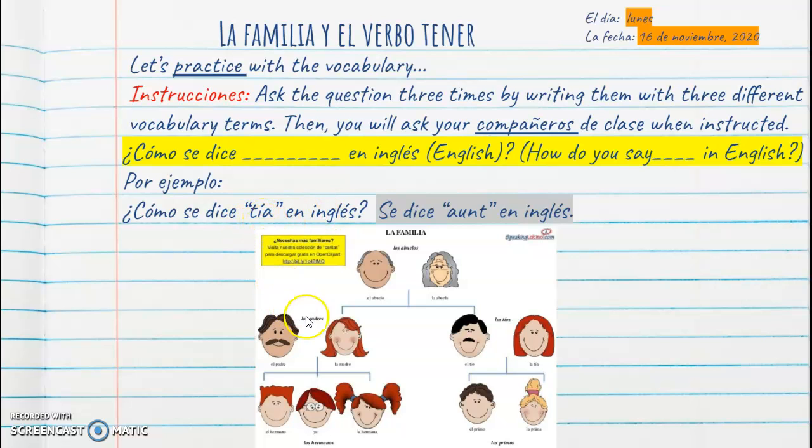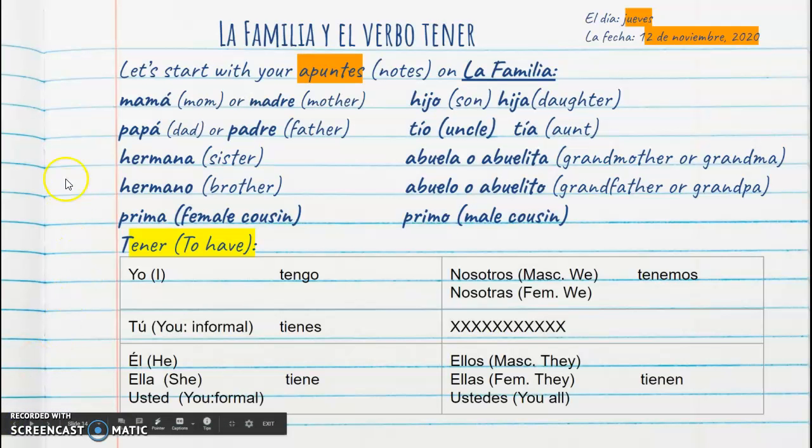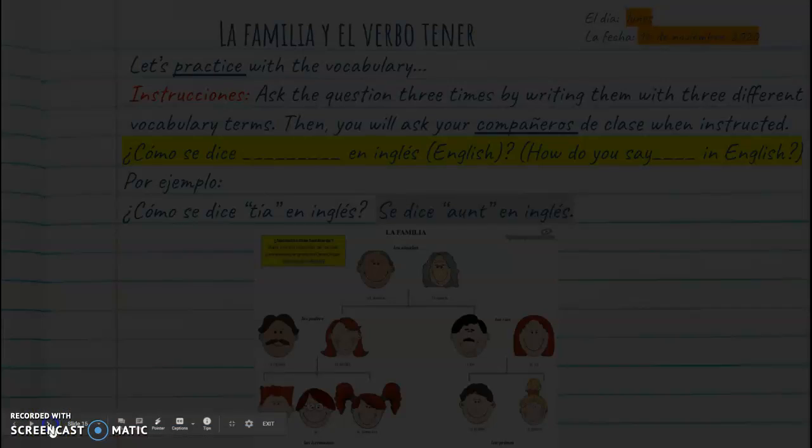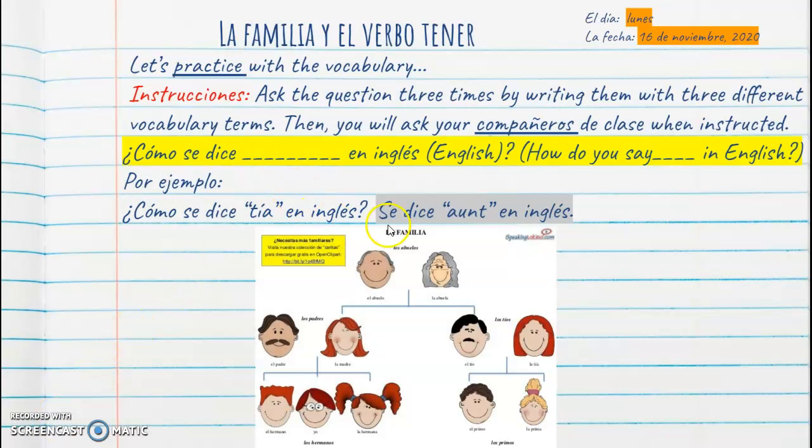Now, tía, I got from this person right here, who is a tía. If you don't recall what tía means, then you go and look at the vocabulary terms that I gave you earlier. So tía is aunt. Okay, so you answer the question, se dice aunt en inglés.